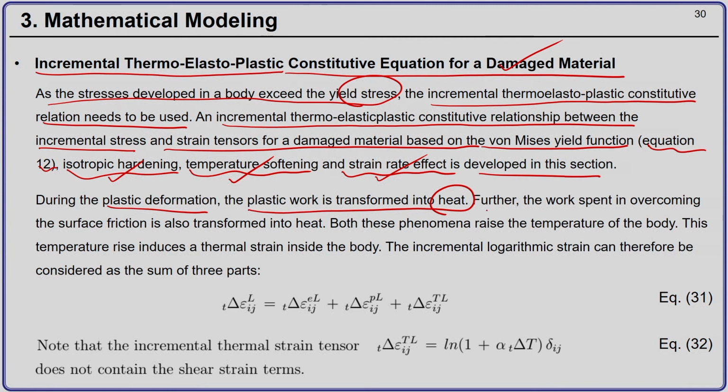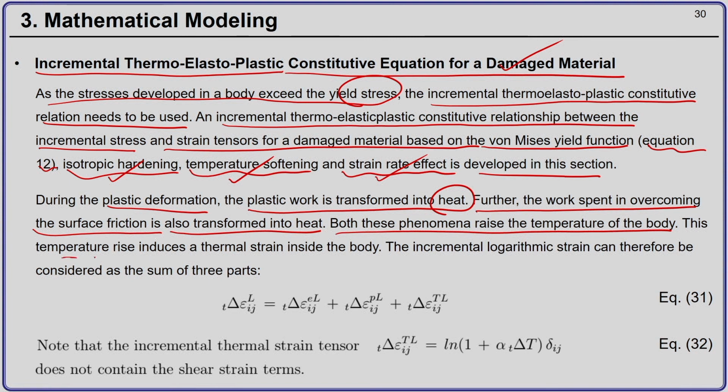Furthermore, the work spent in overcoming the surface friction is also transformed into heat. So, for a contact problem, whenever there is friction, there will be frictional heat, and both these phenomena raise the temperature of the body, one in the bulk and the other in the contact surface.